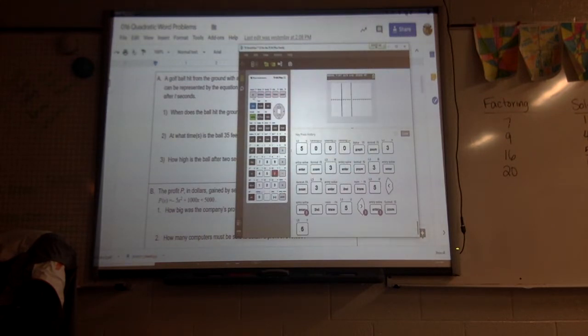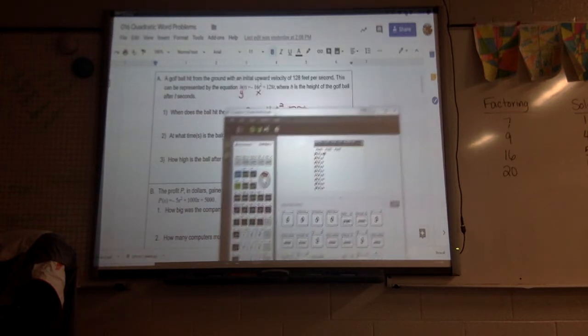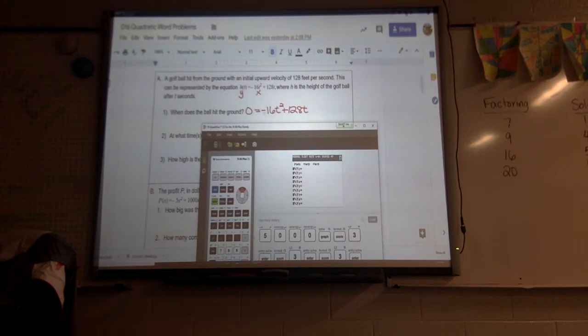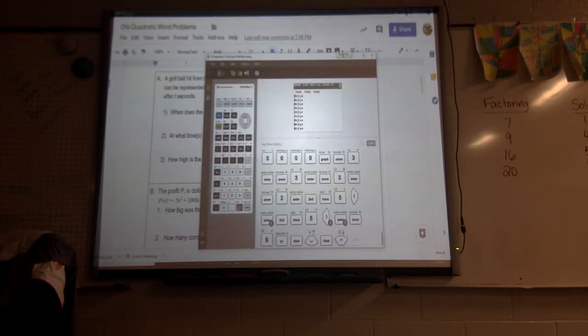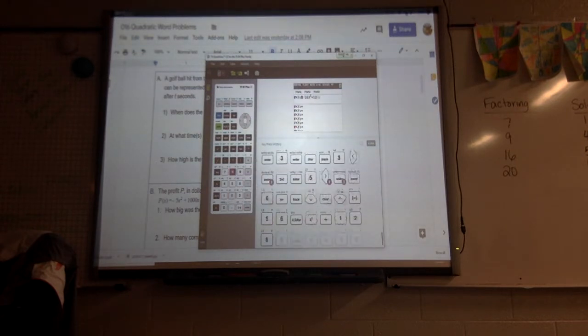So in y1, and you may have to clear some things out just like I do, in y1, all I'm typing is everything right here, this whole expression. So negative 16 x squared plus 128x. And I want to know, when does that equation equal 0?